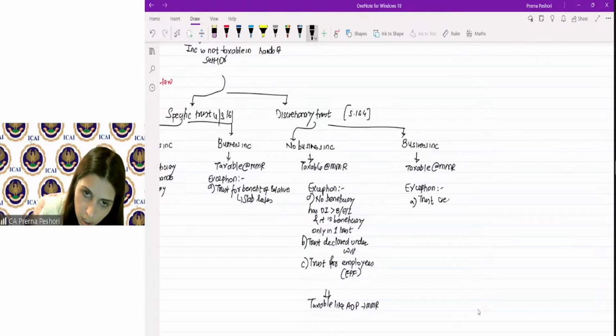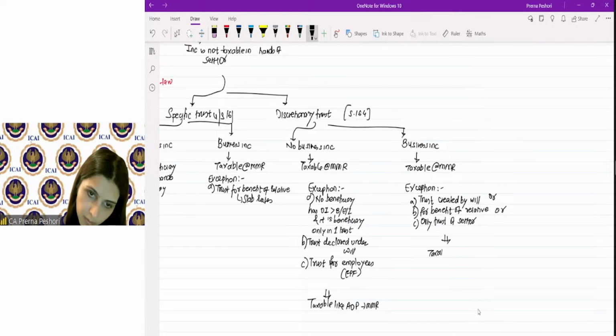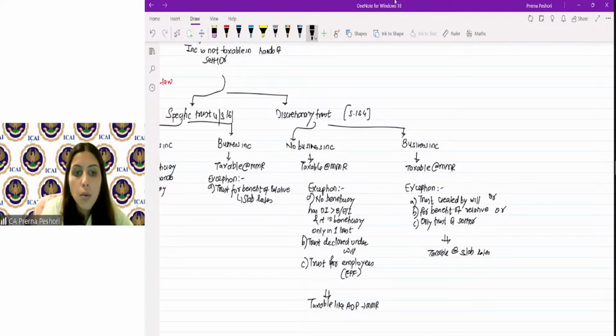Trust created by will for the benefit of a relative, or it is only a trust of a settler, then this shall be taxable at the slab rates. Okay, so this shall be taxable at the slab rate.